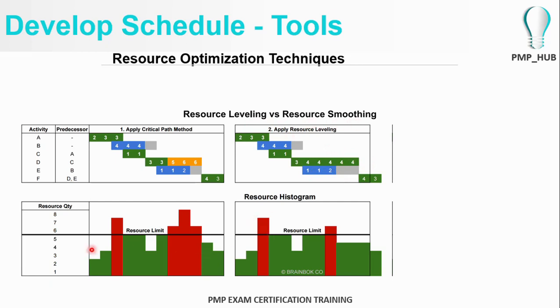Here again, the second constraint: the project cannot have more than 5 resources at any given time. Now, after resource leveling, at this point we are using 7 resources, and at this point we are using 6 resources.